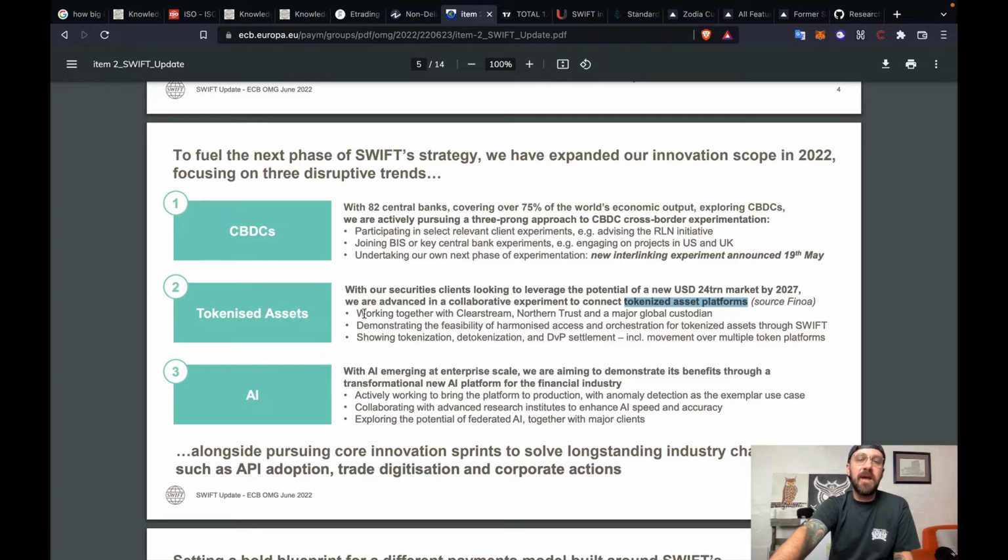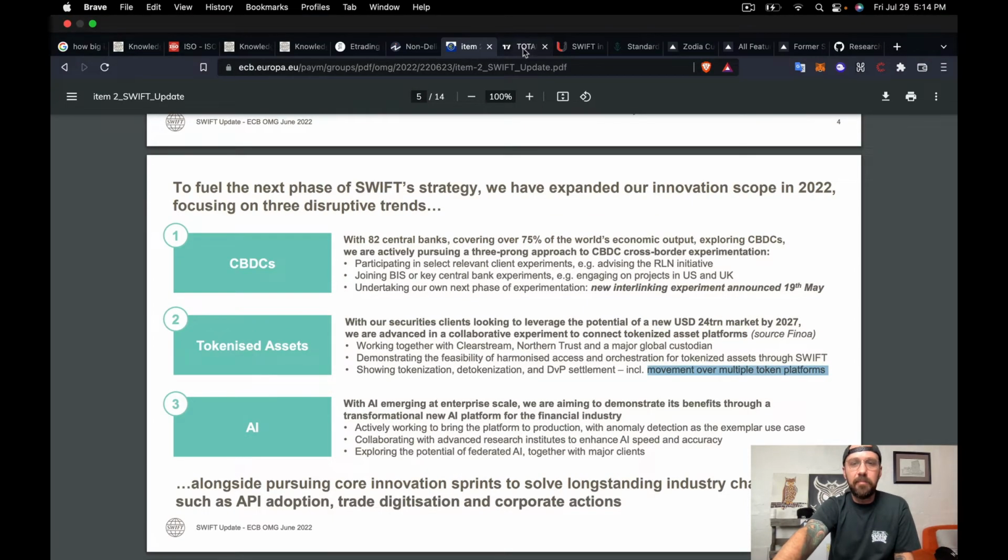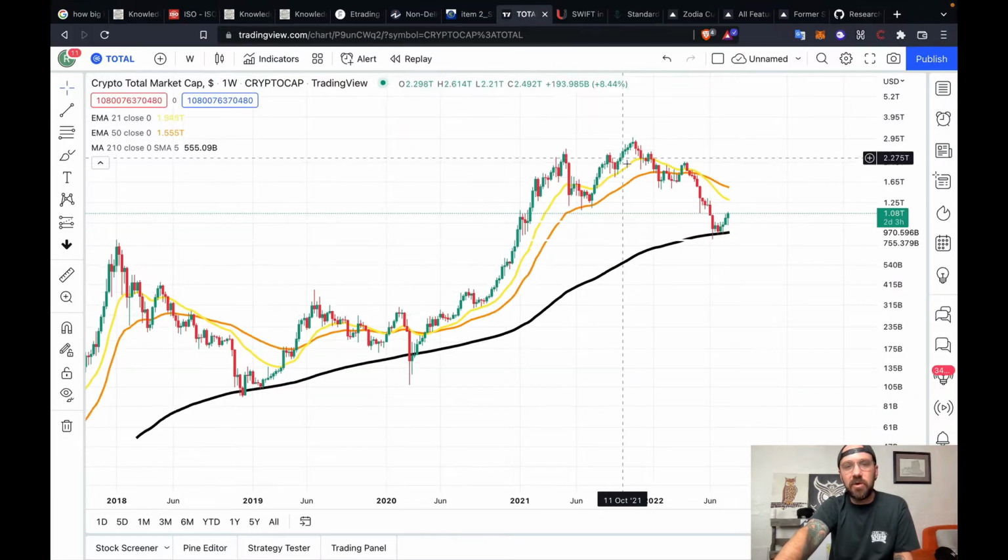They're saying that they're working together with ClearStream, Northern Trust, and a major global custodian. We'll go into that in a second. Demonstrating the feasibility of harmonized access and orchestration for tokenized assets through SWIFT, showing tokenization, detokenization, and delivery versus payment settlement, including movement over multiple token platforms. $24 trillion market by 2027 dealing in tokenization.